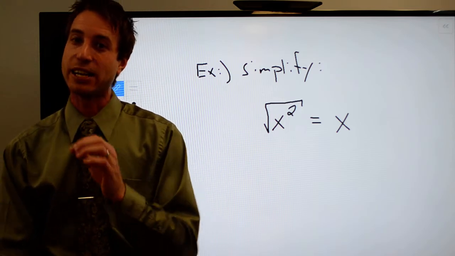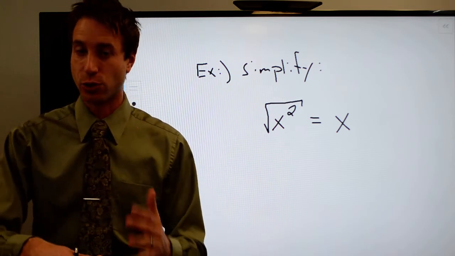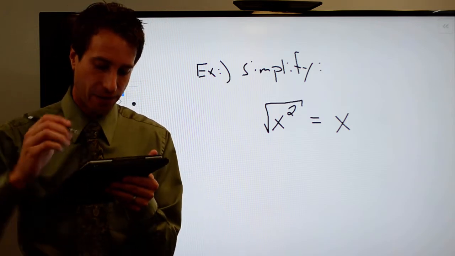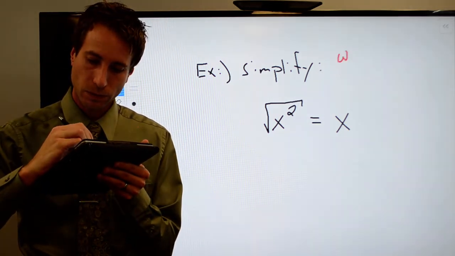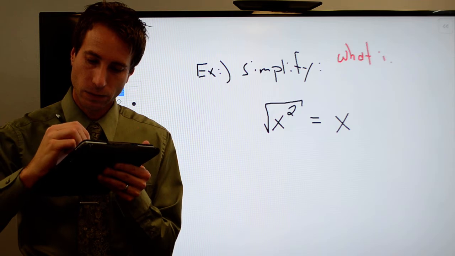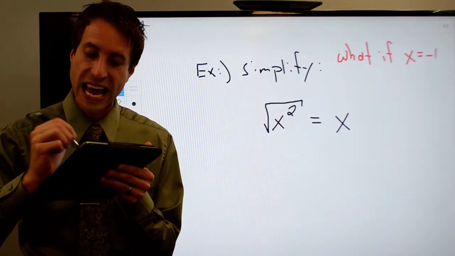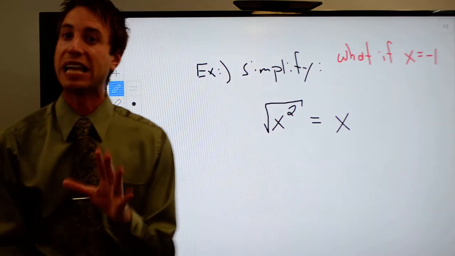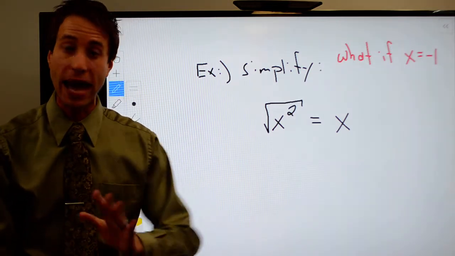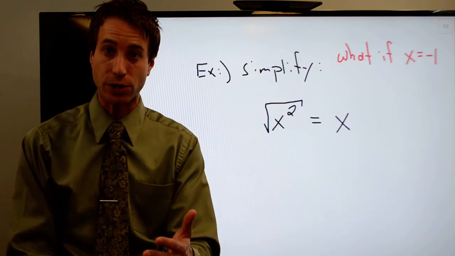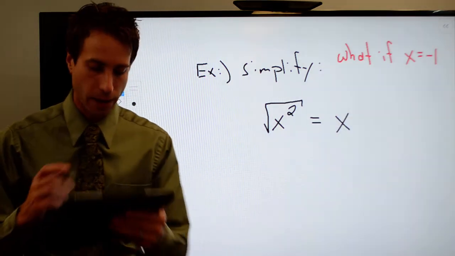Now, here's where we kind of run into an issue, and let me show you how this works. What if x was equal to a -1? So now what we're going to do is go ahead, and everywhere I have an x, let's substitute a -1.